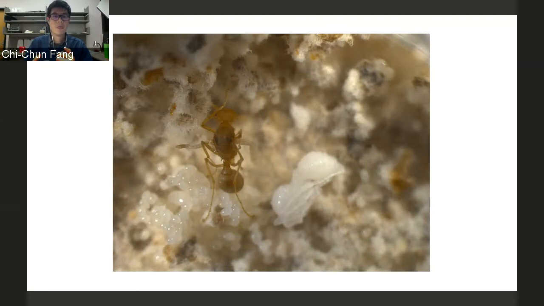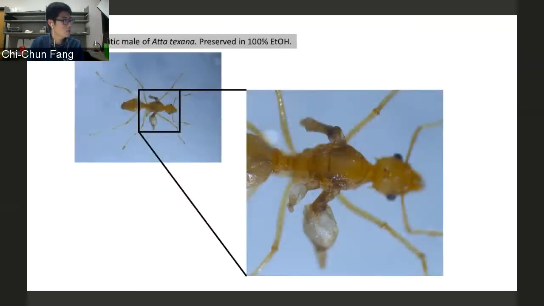Once the pupal eclosion happened, like became an adult, the queen will kill it within 48 hours. Okay. So here's the complete vision for the nanotic male of Atta texana. The morphology is totally different from the regular female workers.